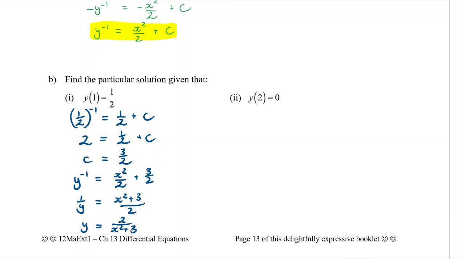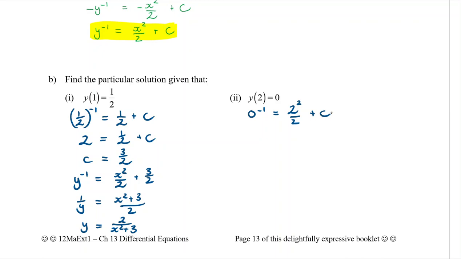All right, do that whole thing again with the information that y of 2 equals 0. That means y is equal to 0 and the x is equal to 2. So we will get, well, we have a problem, I think, here. We have 0 to the power of -1 equals 2 squared over 2 plus c.